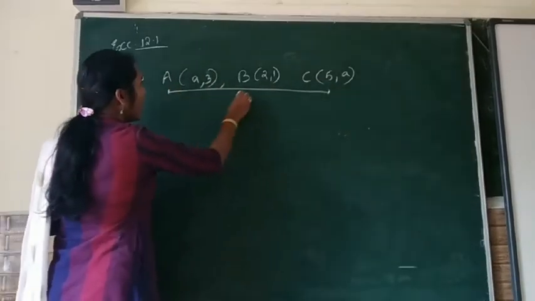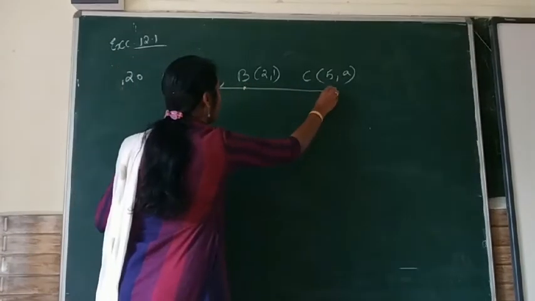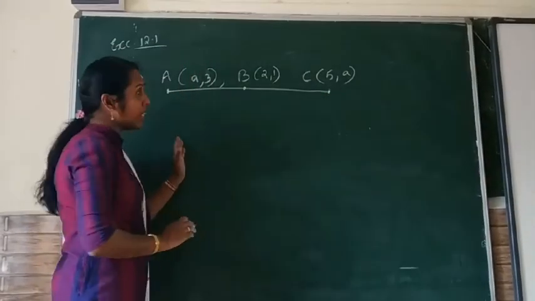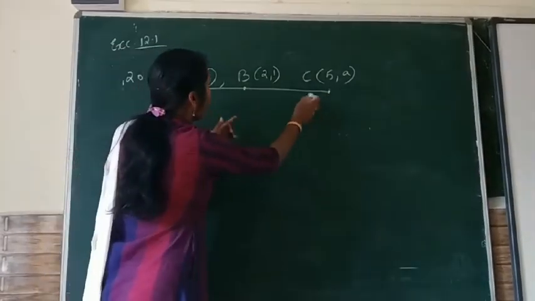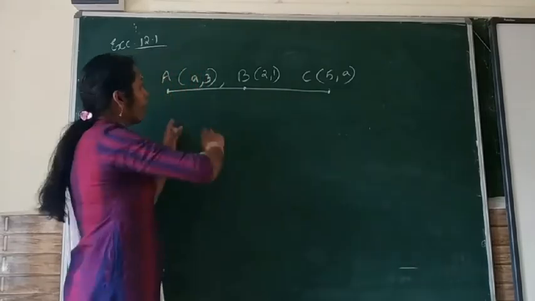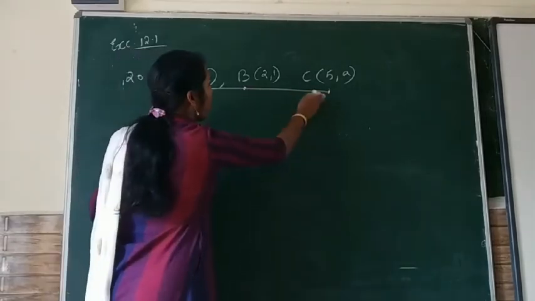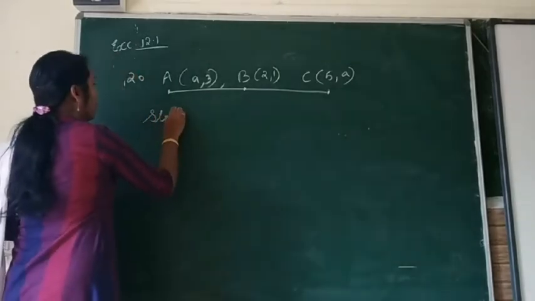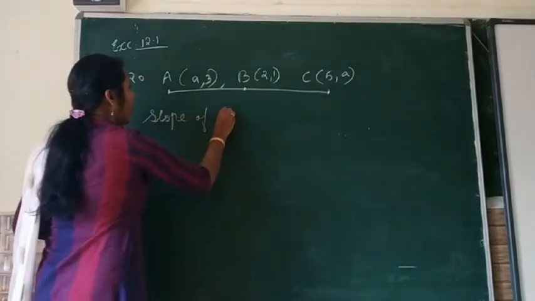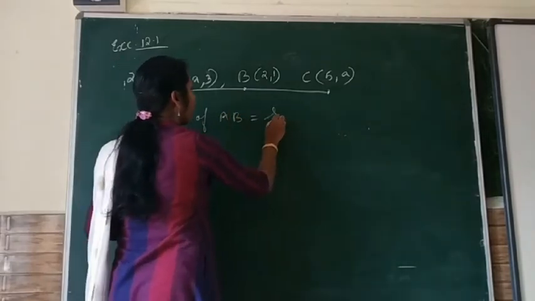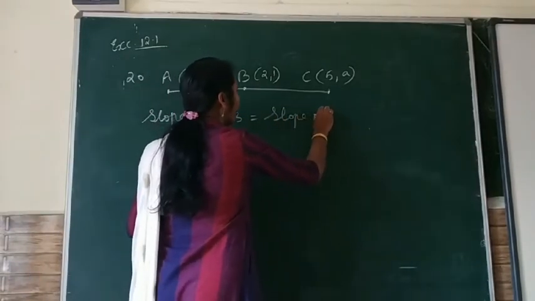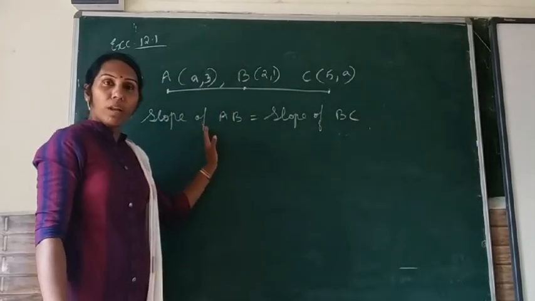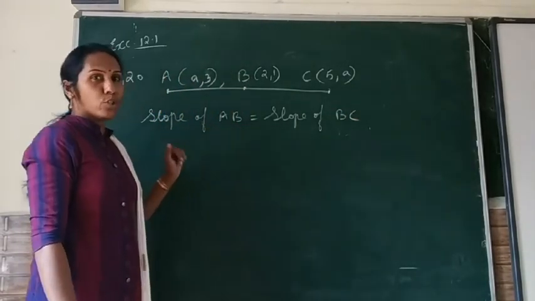This is A, this is B and this is C. If you consider AB and BC as 2 separate straight lines, since it is given that these 3 points are collinear, the slope of AB will be equal to slope of BC. Therefore, we can write slope of AB is equal to slope of BC. Now, slope of AB can be obtained by the formula y2 minus y1 by x2 minus x1.